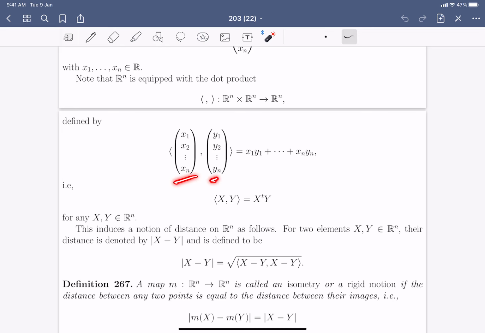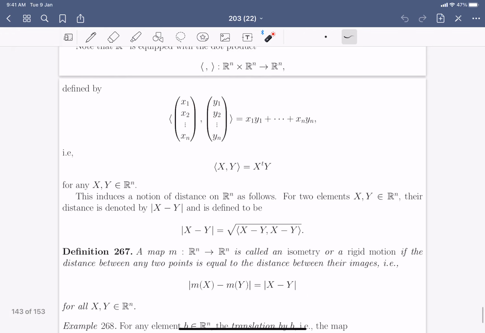So given two elements x1 up to xn and y1 to yn of Rn, we send this pair to x1 y1 plus x2 y2 plus up to xn yn. So we multiply the coordinates and add the products. What we get is known as the dot product of these two vectors lying inside Rn.